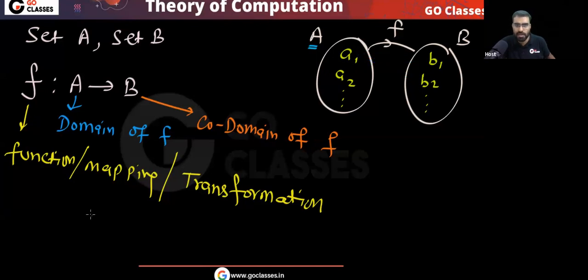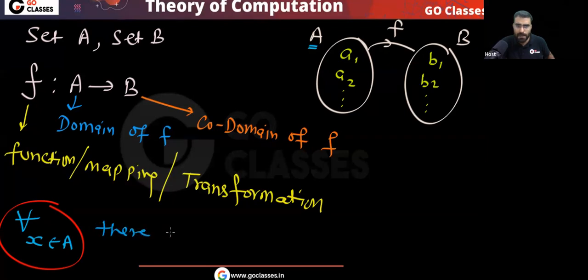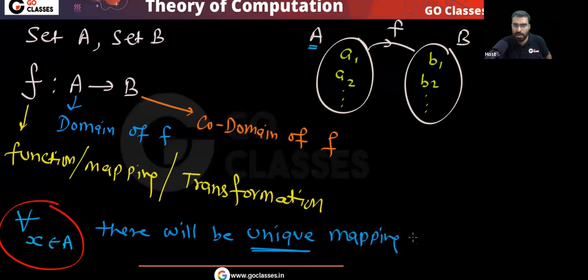Very simple point: for every element of set A, for every element of the domain, there will exist a unique mapping in set B. So every element of set A will have a unique mapping in set B.